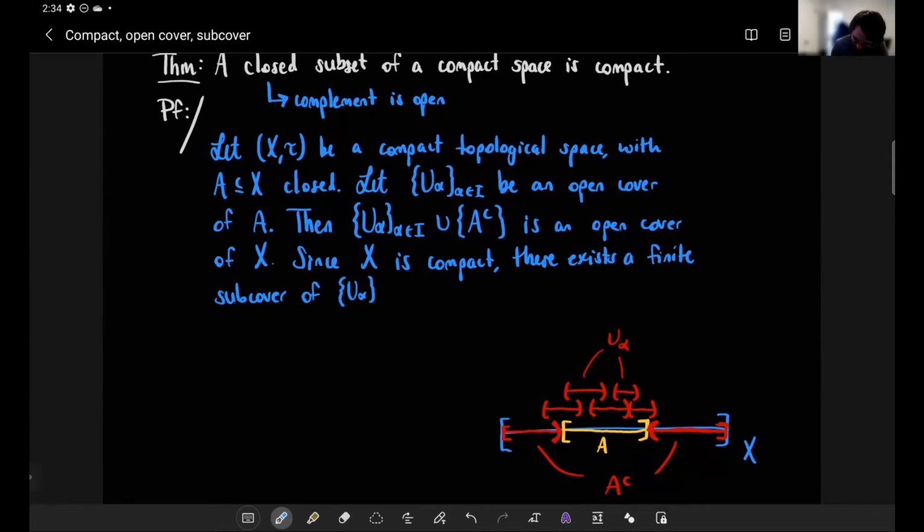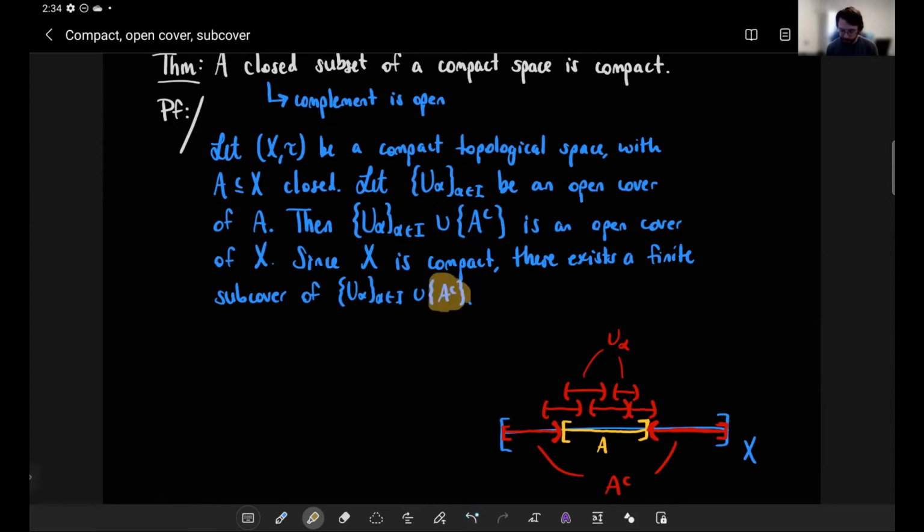A finite subcover of this thing we just wrote out. Okay, now what could that finite subcover be? Maybe it's just a finite collection of these, and it, well, let me phrase it this way. We're going to need this more than likely.